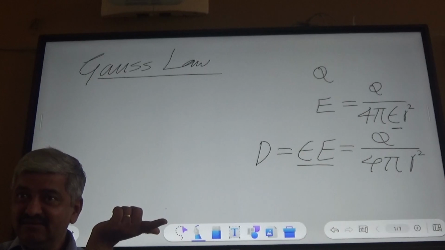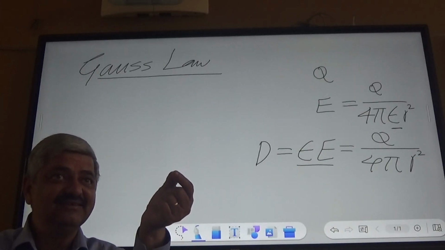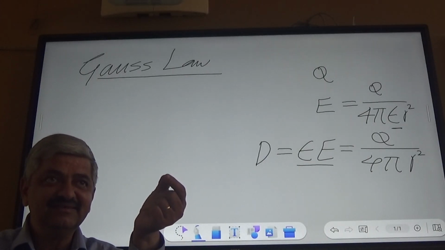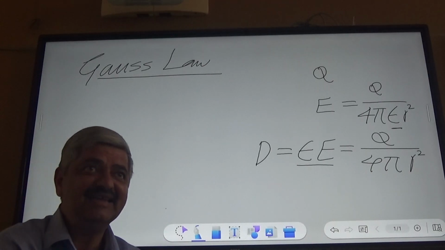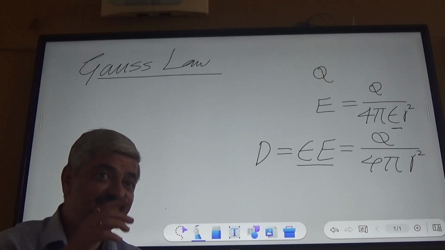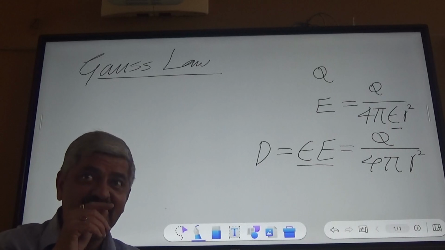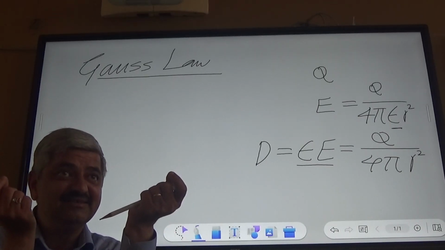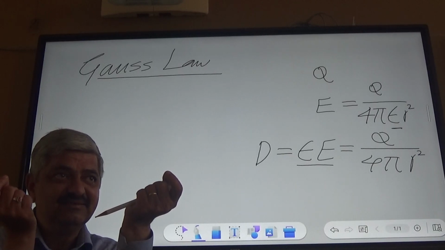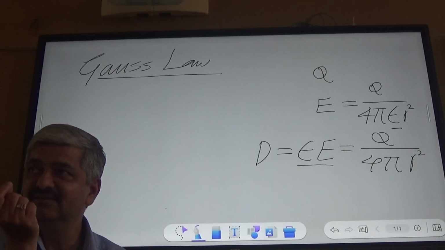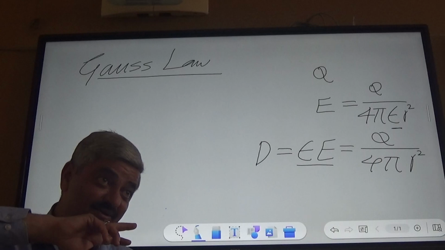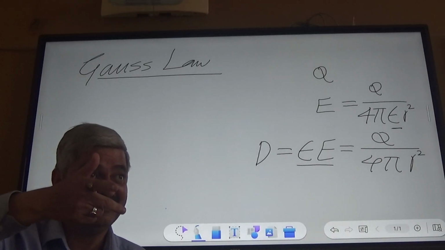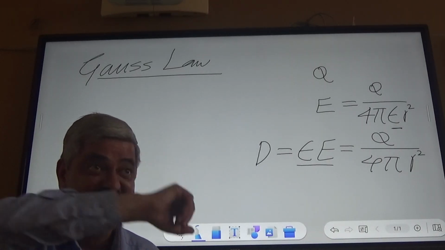What is area of a segment? Area is length into width. What is length of a segment? Finite. Width infinitesimal. So finite into infinitesimal is infinitesimal or zero, you can instantly answer.